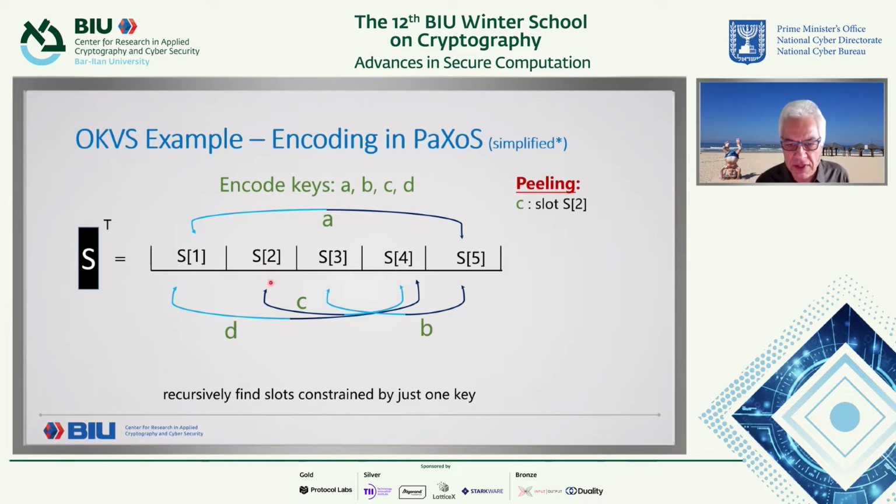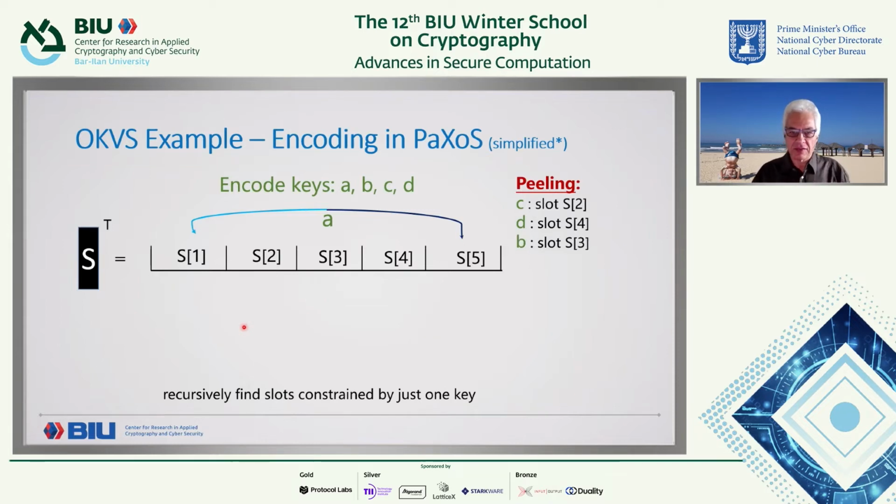Now, once we remove this constraint, then this entry, which previously had 2 constraints, has only 1 constraint. So now we can say, okay, about this S4, now it has 1 constraint. So we can leave it to the end, because after we fill the remaining table, we'll have some value at S1, and then we'll put in S4 a value so that S1 XOR S4 is equal to D. So we can remove this.